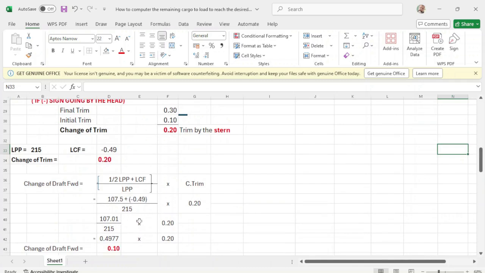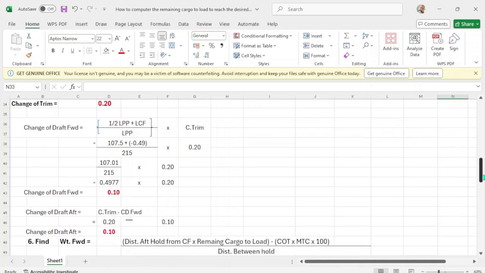And change of trim is 20 centimeters. How much will be this one? You add this together, that will be 107.01 over 215 times your change of trim of 0.20. Divide this one, that will be 0.04977 times 20, and your change of drop forward will be 10. That will be your change of drop forward.